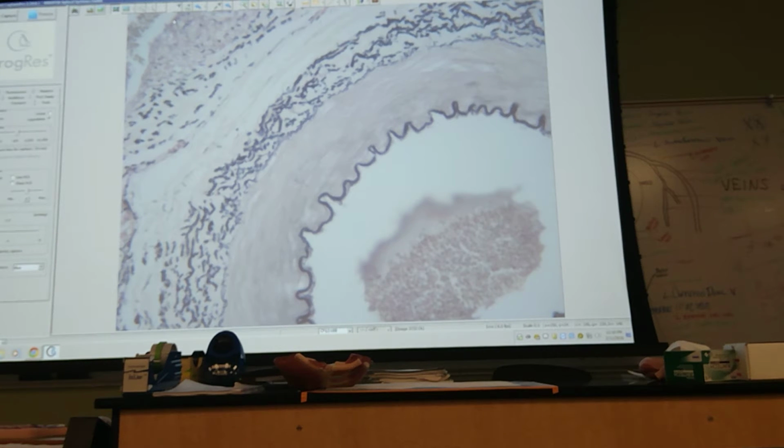Here we go. Internal elastic membrane. Dark curving line looks like someone did a bad job tracing the inside of a vessel with a marker. We're talking about this dark line. Very, very obvious. This is the internal elastic membrane.